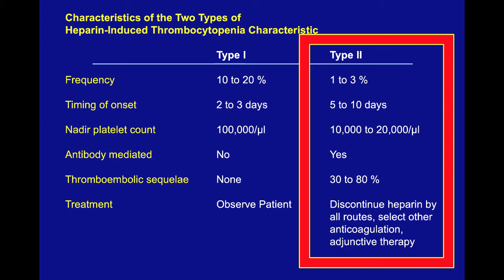The timing of onset, and that is for thrombocytopenia, you'll see a profound drop in platelets within 5 to 10 days of exposure to heparin. It is antibody mediated, and the thromboembolic sequelae, 30 to 80%, is very high. So we have a very high risk of HITT, heparin-induced thrombocytopenia and thrombosis.